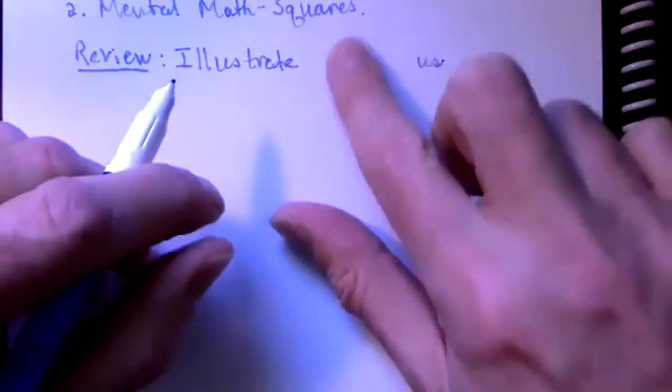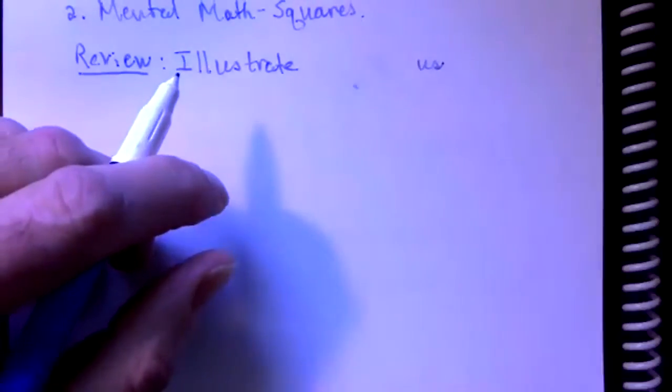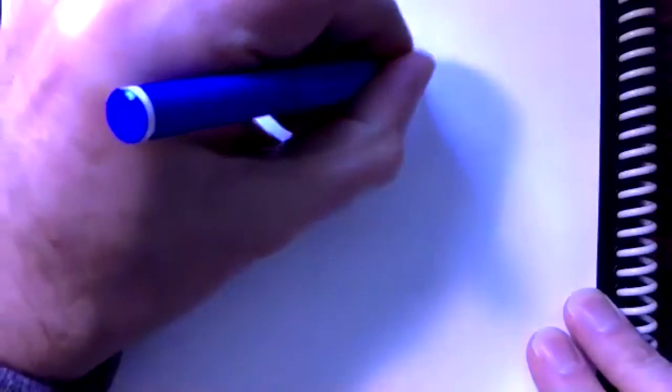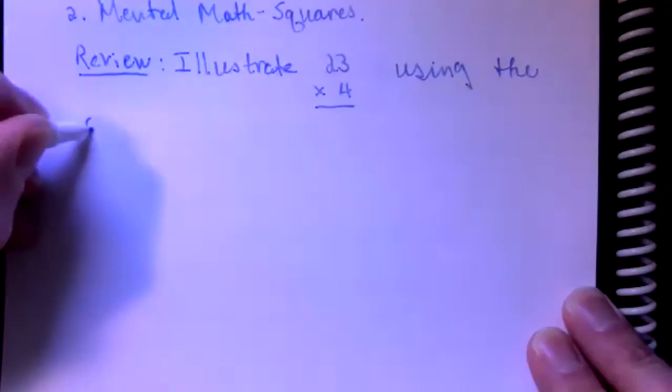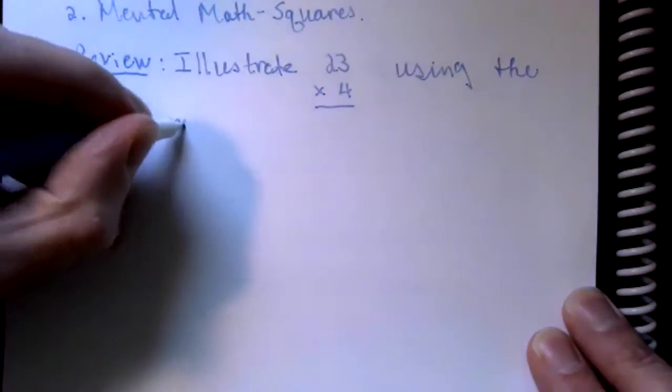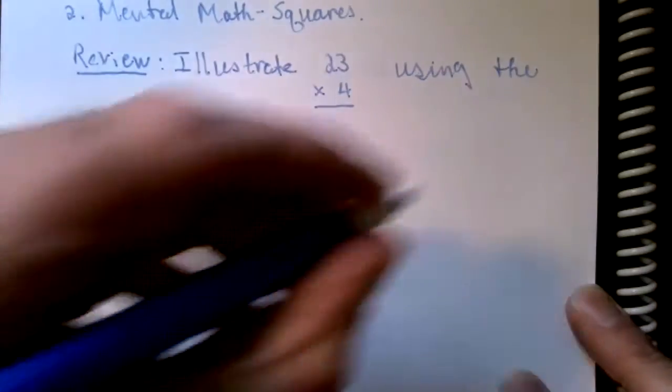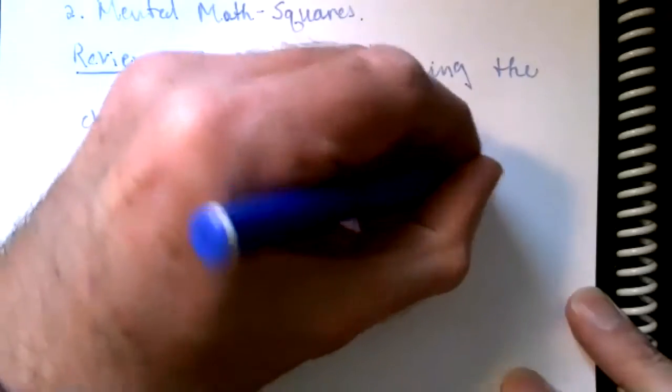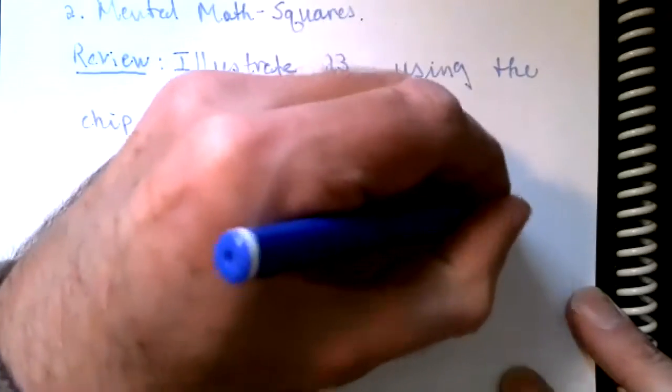Maybe I'll even write it like this, 23 times 4, using the chip model. Okay, so somebody help me out here. How do I start?